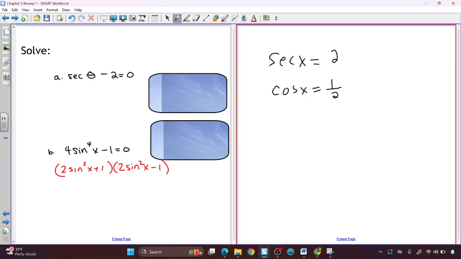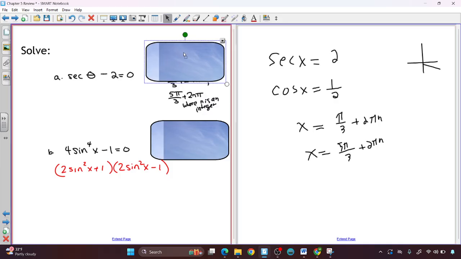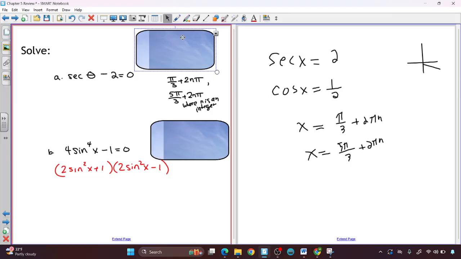How about this one? Another sneaky one. I kind of like it. N is an integer.